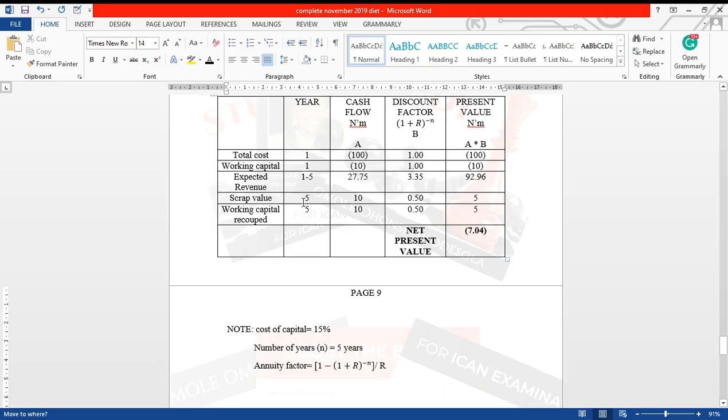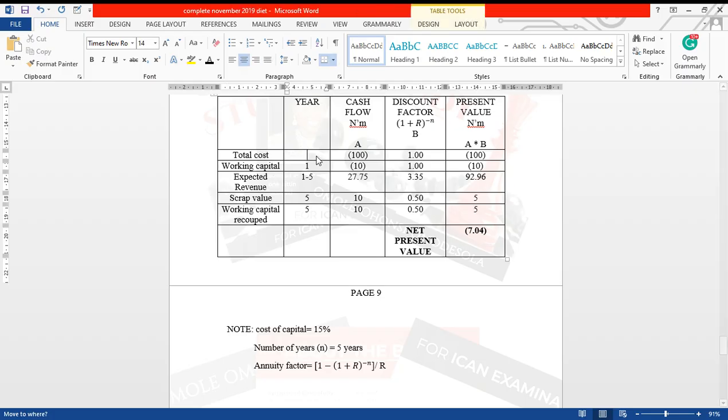Then we're given scrap value. I know scrap value will occur at the end, that's year 5, right? And working capital. Working capital would be invested in year 1, that is the initial year. Some people will call it now. It can be invested now and also be recouped at the end of the year.